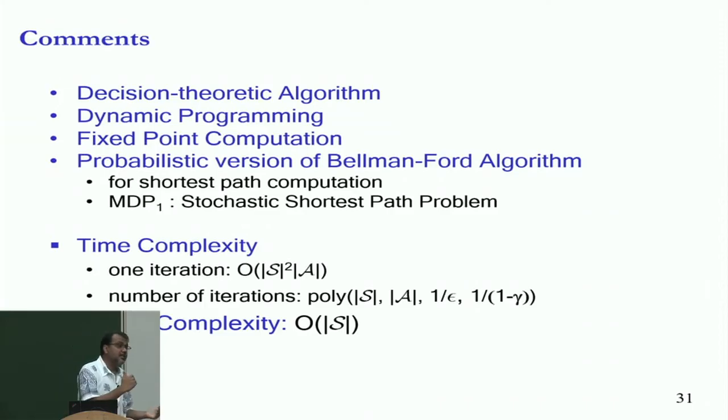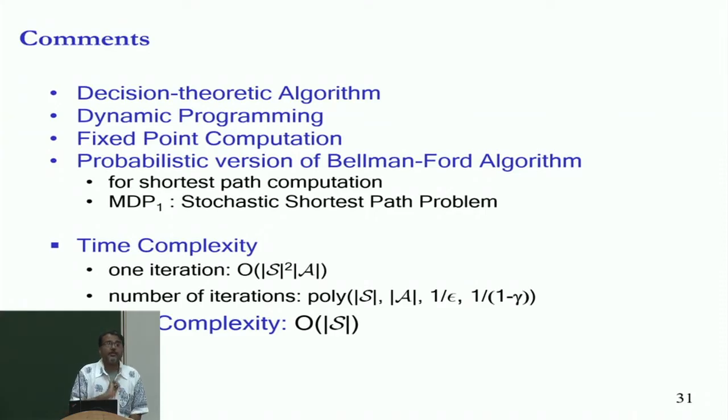So, when you try to extend Bellman-Ford to stochastic graphs, that is called a stochastic shortest path problem, and the natural extension to Bellman-Ford would be value iteration. Because there is cyclic structure, that you can come back to the same state, therefore, you will not be able to finish value iteration in n steps, you may go on for a longer time, that is it.